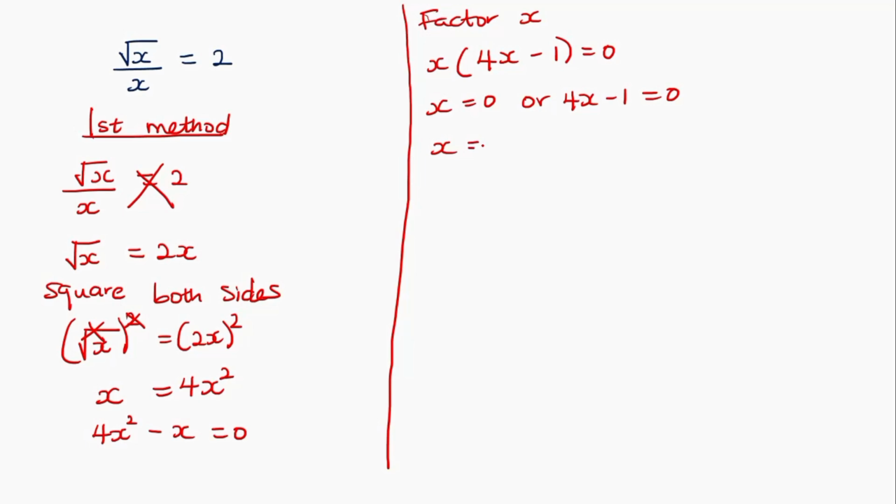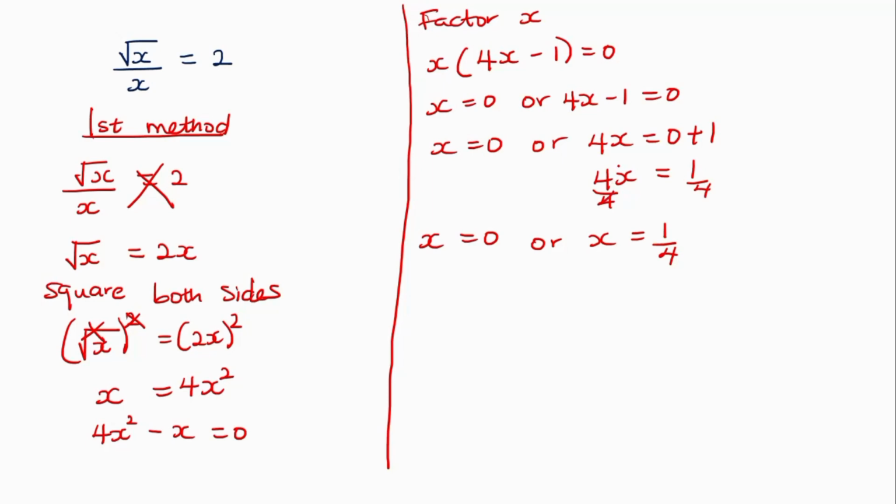So right here, x is equal to 0, or 4x is equal to 0 plus 1. So 4x is equal to 1. So from this, we have that x is equal to 0, or x is equal to 1 over 4. And this was gotten by dividing both sides by 4. So this is going to cancel this, and we have that x is equal to 1 over 4.